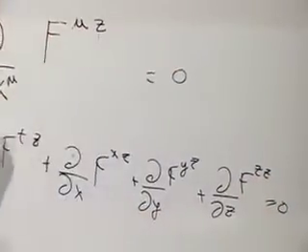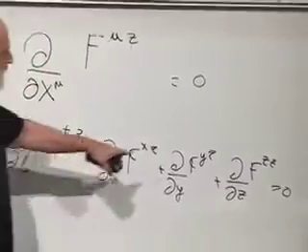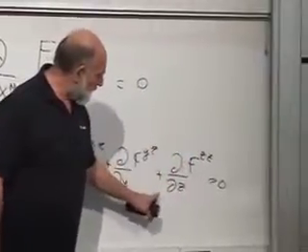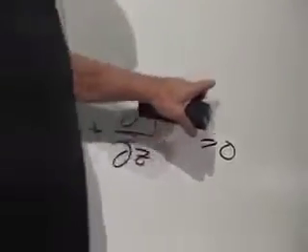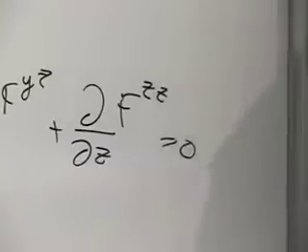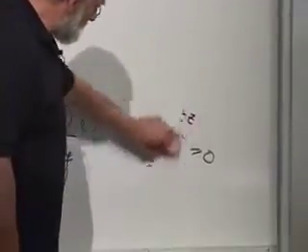That's what this would say if it's true. What about the derivative with respect to z of F zz? F zz is 0 because all of the diagonal elements are 0. All right, so we can forget this.